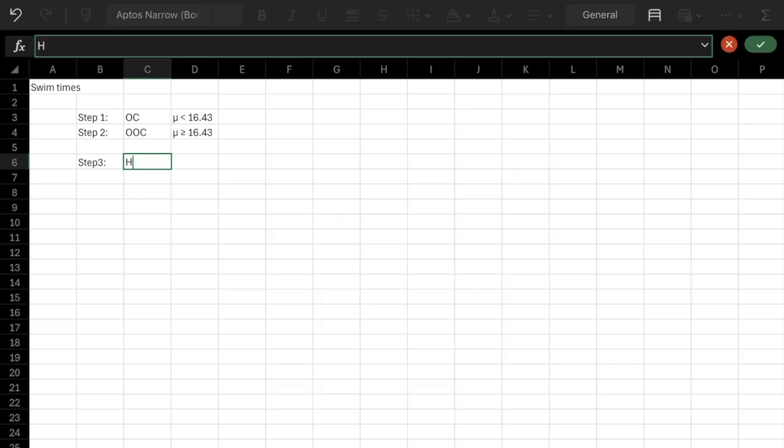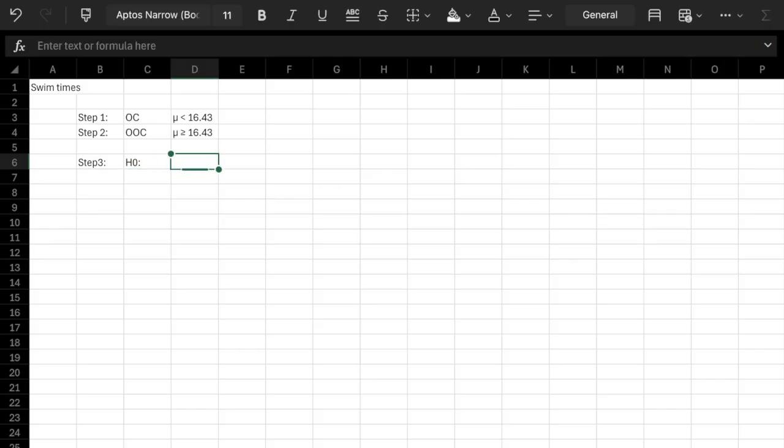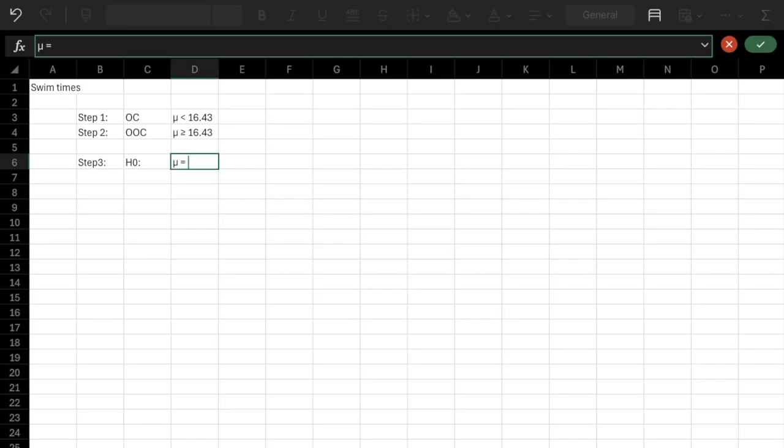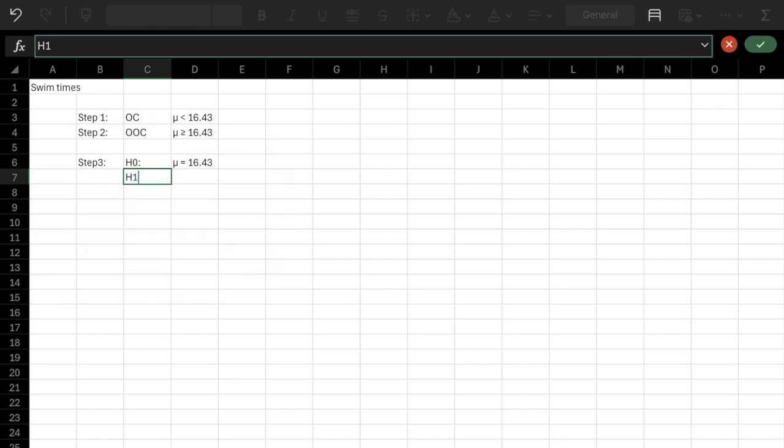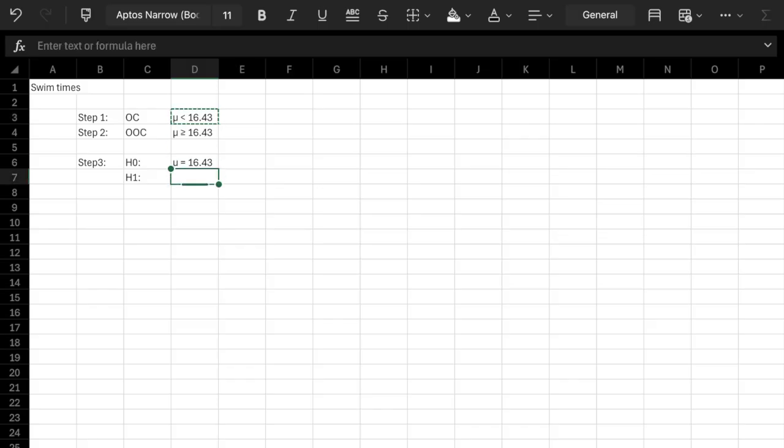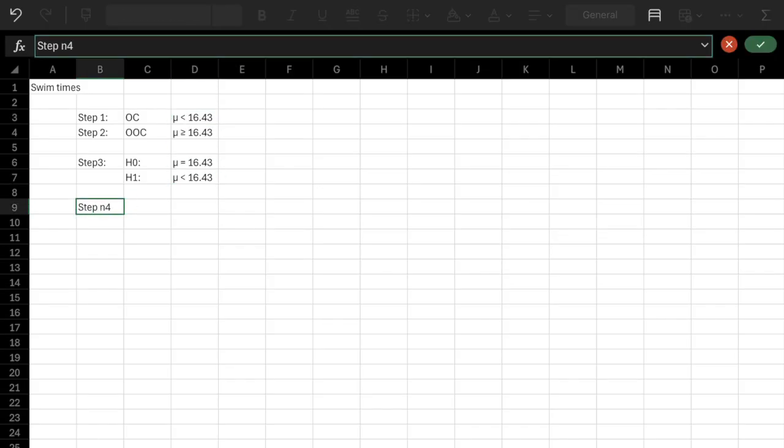Well, that would be the second one, the opposite of the original claim. So that's going to go to my null hypothesis. So this is mu equals, oh, it's always equals. The null hypothesis is always equals. The alternative is the leftovers, which in this case is this one. Step 4, they gave me alpha.